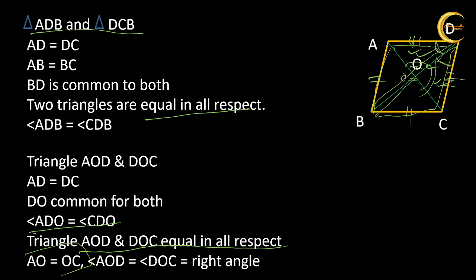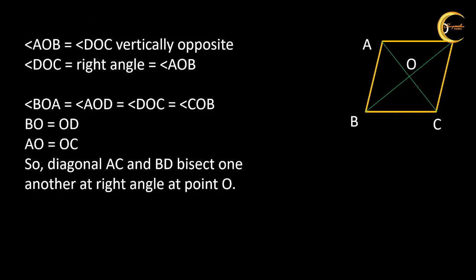It is a straight line AOC, so it is 2 pi. So these two angles are equal, meaning these two angles are pi. Now you see here angle AOB equals angle DOC. Why is it equal? Because they are vertically opposite angles, and DOC is a right angle, so it should be a right angle.